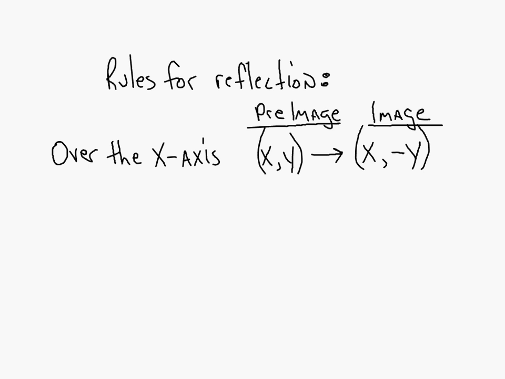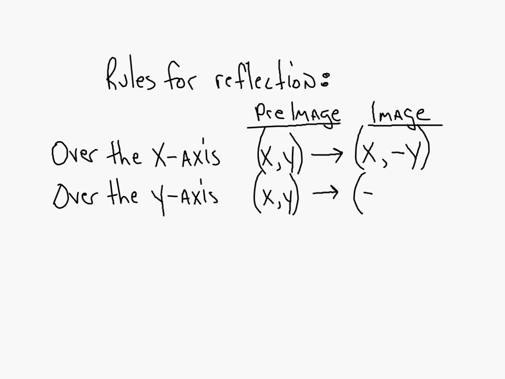If you're reflecting a shape over the y-axis, your pre-image is going to have an x y value. Each point will have an x y value. After it gets reflected, your x's will become opposite and your y's will stay the same.